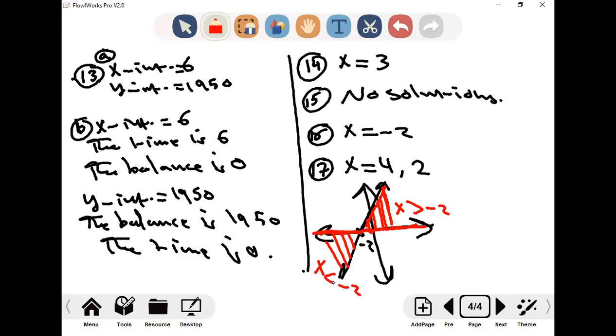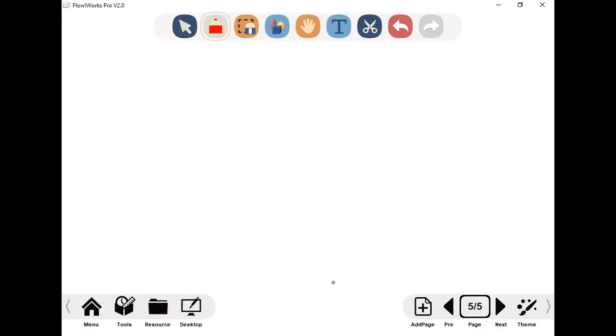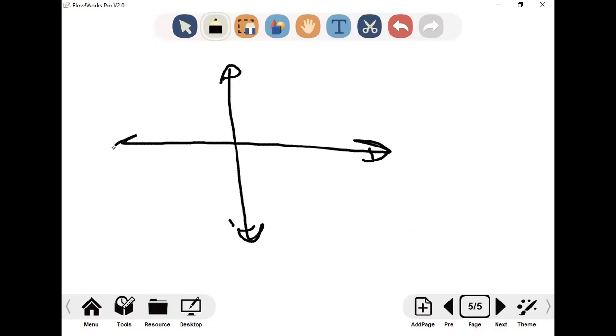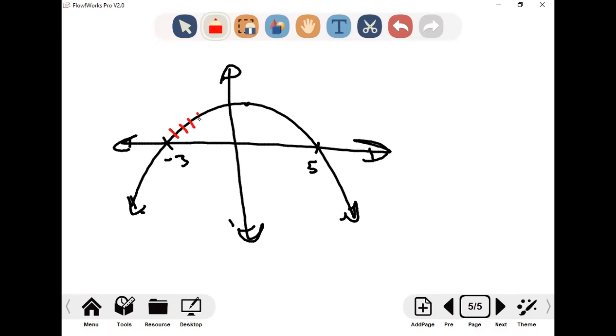Understood? For example, another one. Sorry, I will take another page. For example, if I have a parabola, this is -3, this is 5. Focus: where is the positive? This part is the positive.